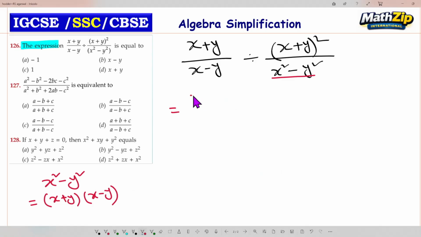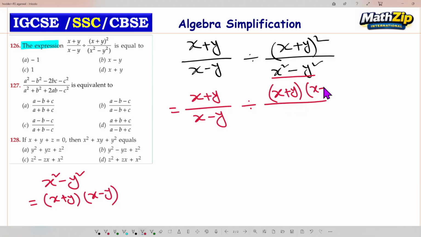So first we write x plus y divided by x minus y, and here is divided by x plus y whole square, which we can write as x plus y times x plus y. Next, x square minus y square we can write as x plus y times x minus y, right?